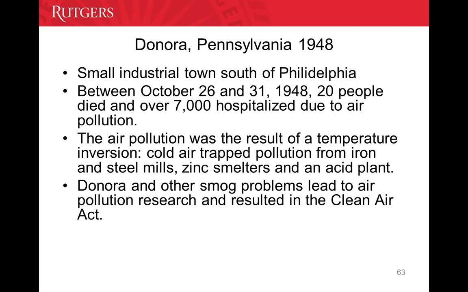And this is a landmark event in environmental health, because this Donora smog example was one of the catalysts for the Clean Air Act that we have today, so it's a fairly famous one.